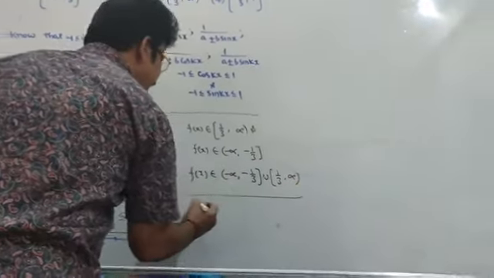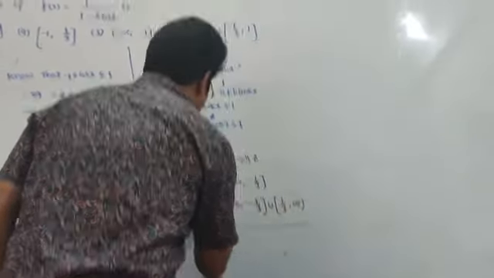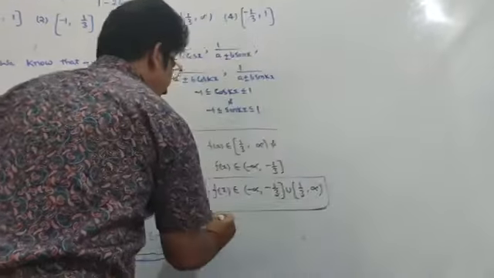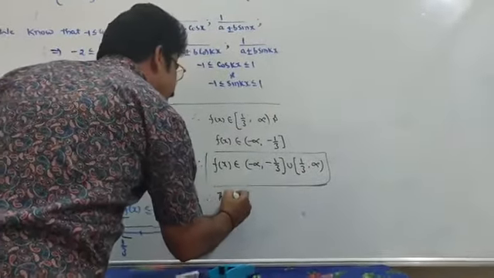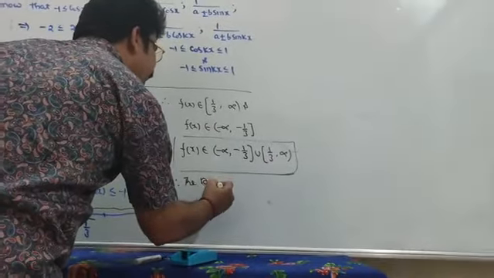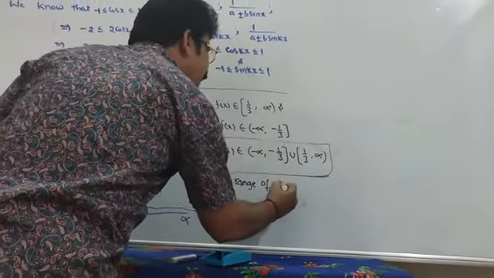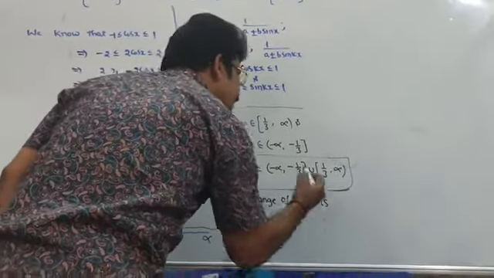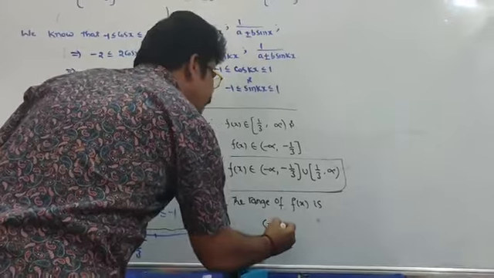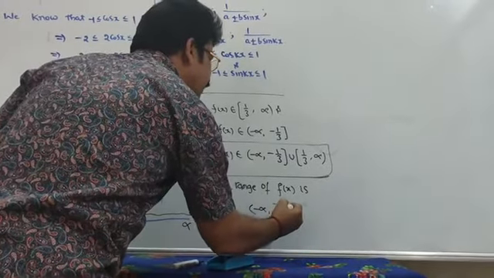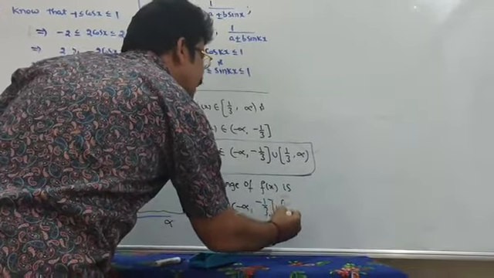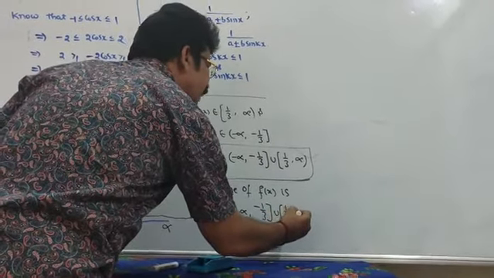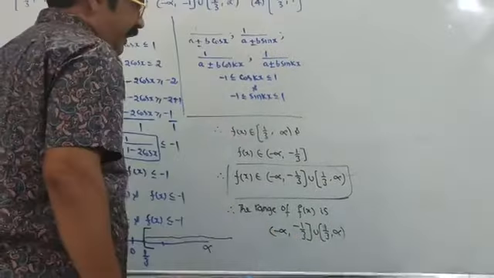So this is the range of f of x. Therefore the range of f of x will be the open interval of minus infinity comma -1 closed, union closed 1 by 3 comma infinity open.